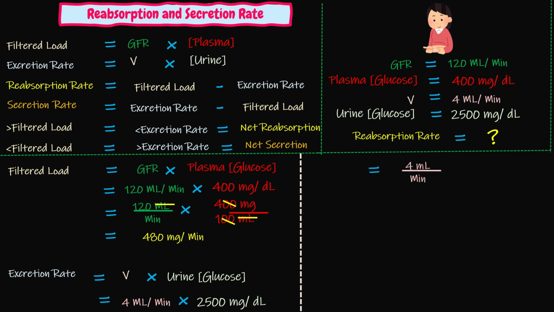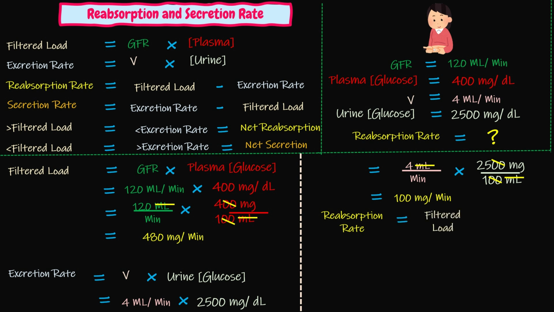Similarly, 4 milliliter per minute into 2500 milligram divided by 100 milliliter, as 1 deciliter equals 100 milliliters. These units are the same, so they cancel each other. These two zeros also cancel each other. Now 4 into 25 is 100. So the answer is 100 milligram per minute.